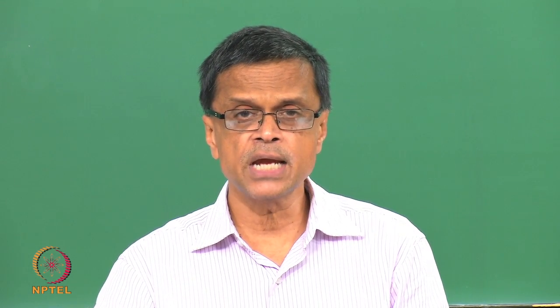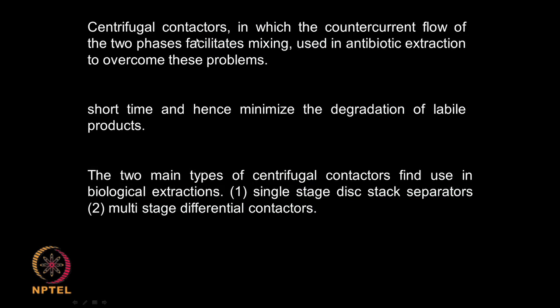So, there are contactors. I think in the previous class we saw different types of contactors, the mixer settler type of contactor, then I discussed a lot about the column type of contactors, that means vertical columns which occupy less space.